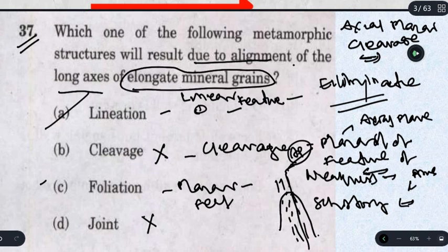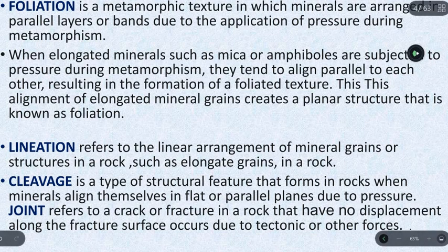That means the mineral grain will elongate, ठीक है? तो ये लिनिएशन है या फोलिएशन है बताओ. लिनिएशन ही है. Why are you saying lineation? Why not foliation?